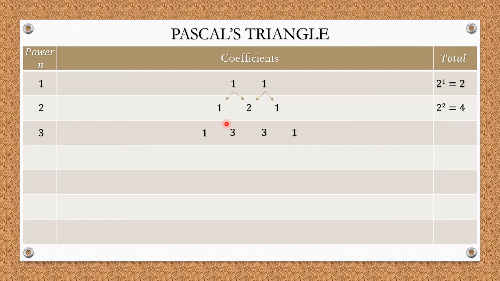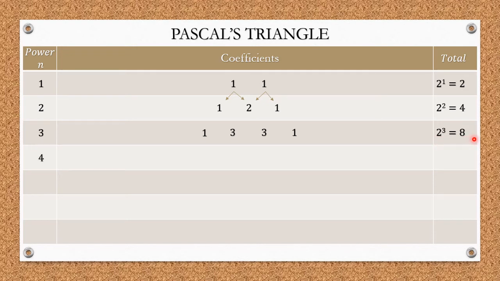I think you guys are getting this, right? 1, 3, 3, 1. a³ + 3a²b + 3ab² + b³. This is the expansion of (a + b) whole cube, and just make a total of these values. You get 2 to the power 3, that is 8. 1 plus 3 plus 3 plus 1, 8. 2 to the power 3, total is 8.